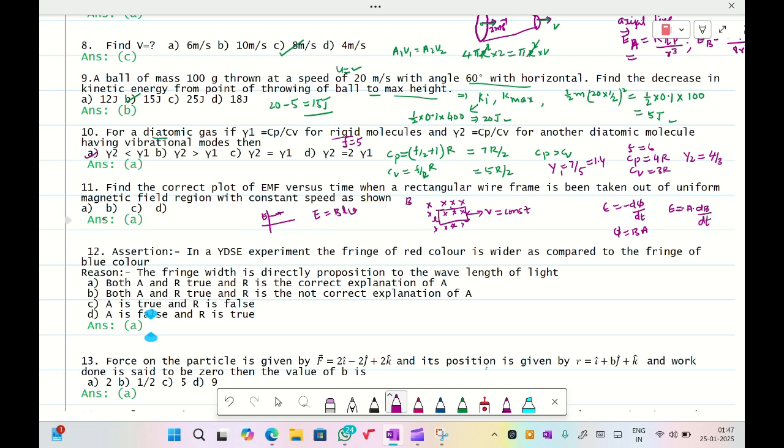So this graph is correct, answer A is correct.